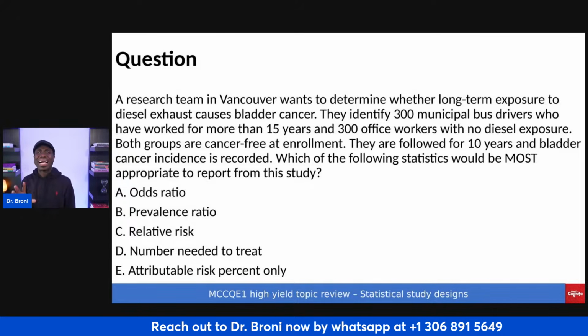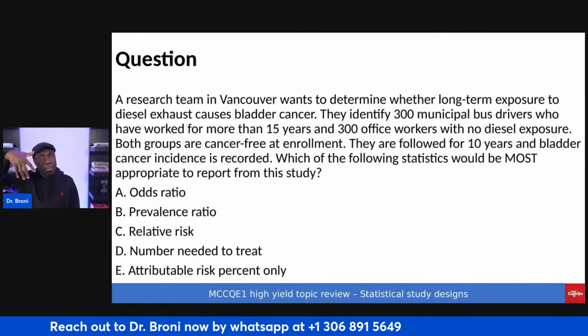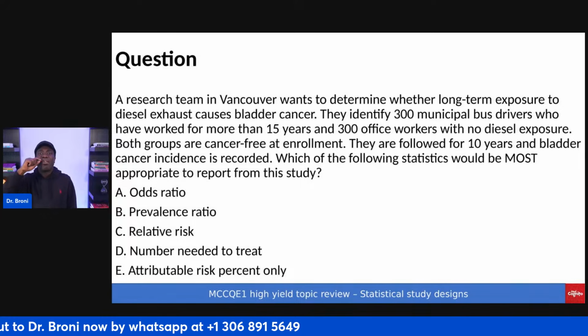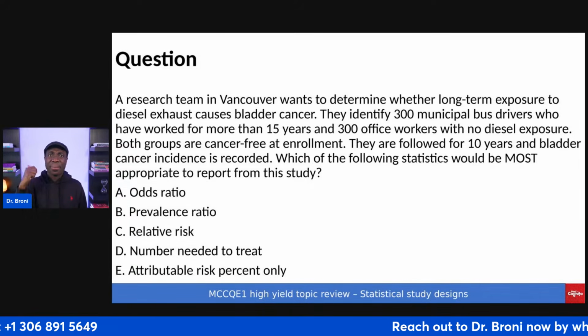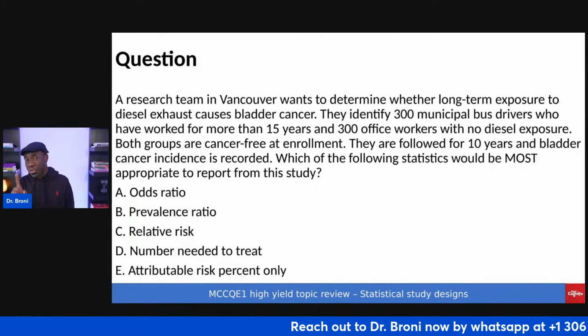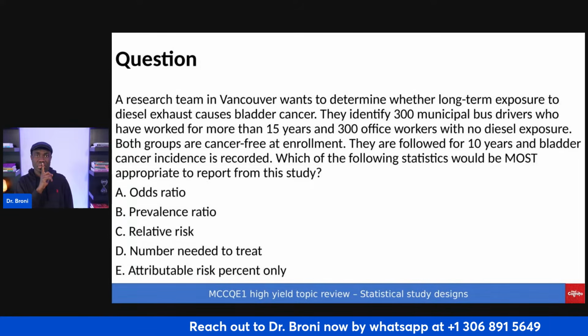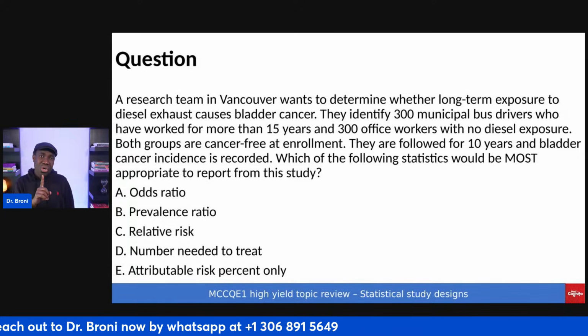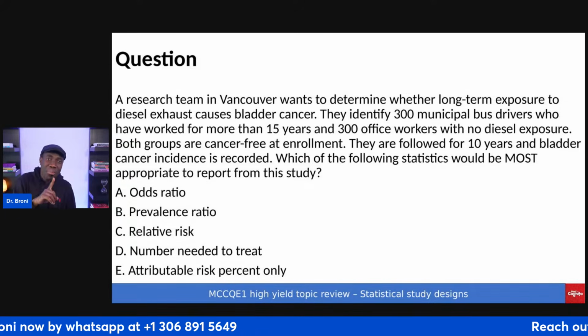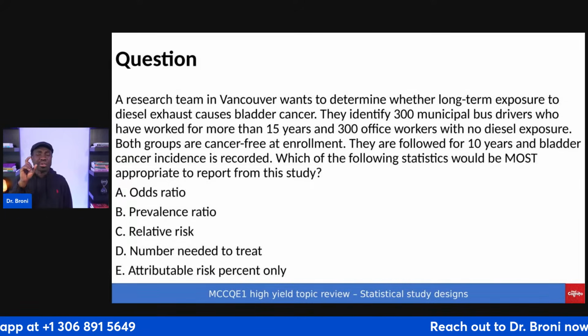Both groups are cancer-free at enrollment. They are followed for 10 years and bladder cancer incidence is recorded. Which of the following statistics would be most appropriate to report from this study?